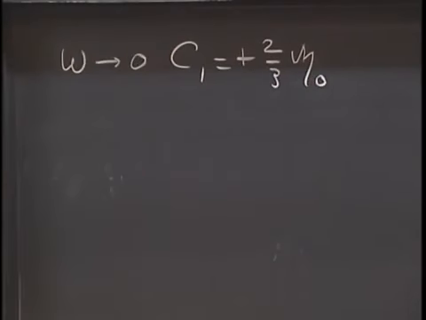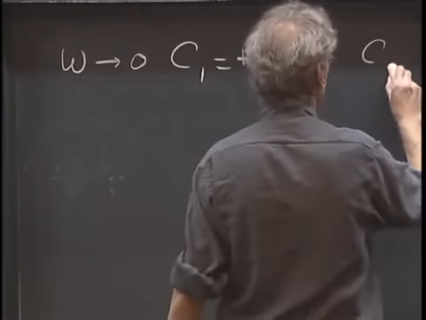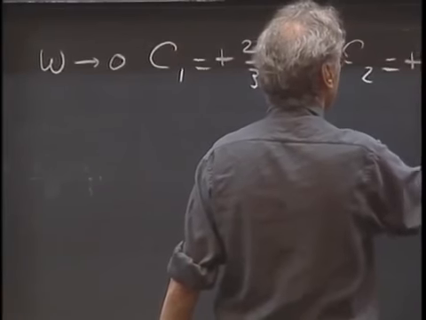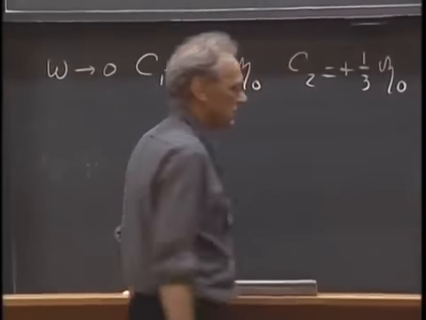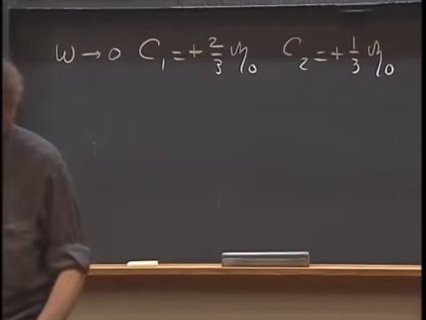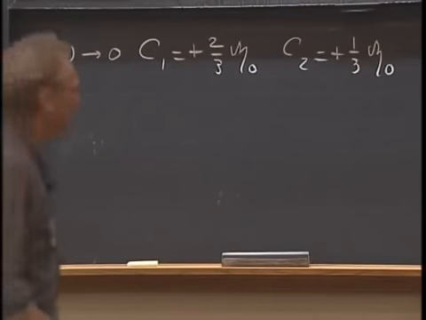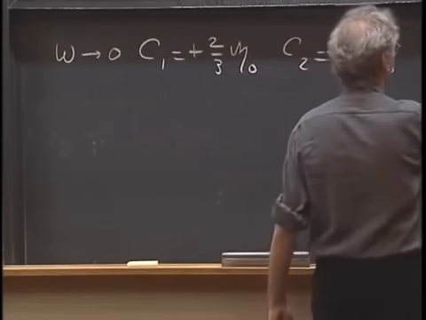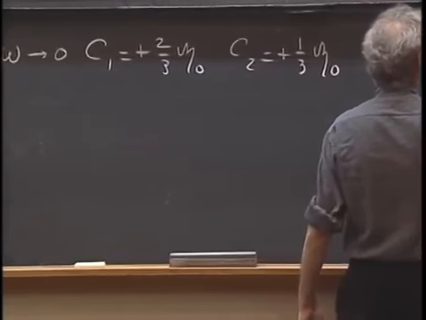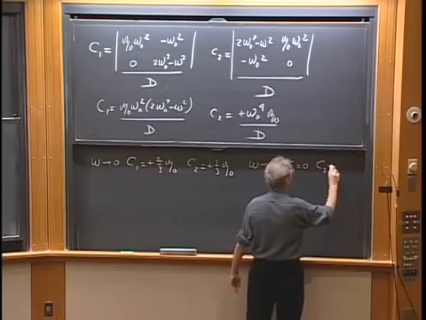You can confirm that by substituting that into C1. And you'll find that C2 is plus 1/3 eta 0. So that is at omega equals 0. And when you go to infinity with frequencies, then it should not surprise you that C1 is 0 and that C2 is 0.